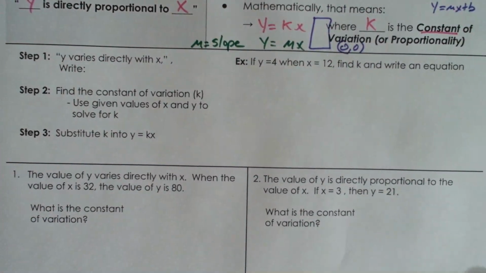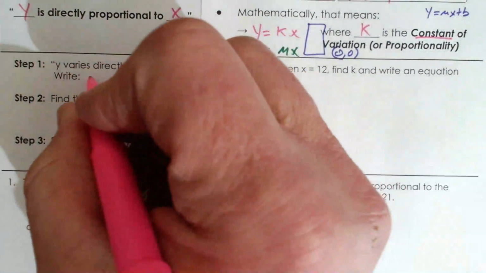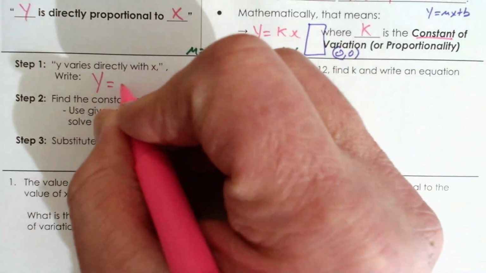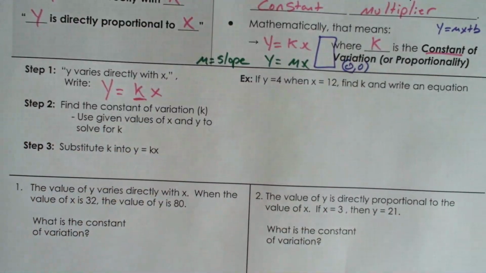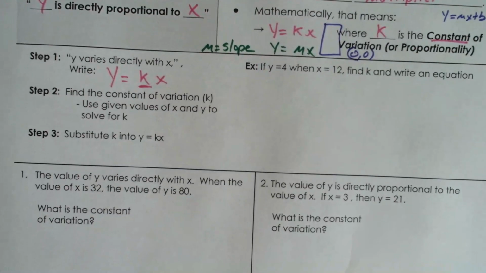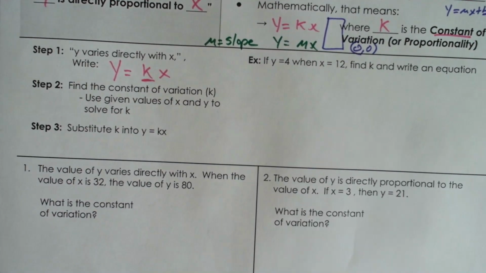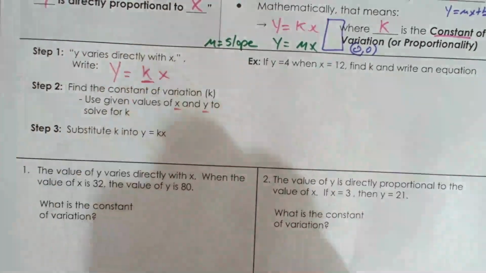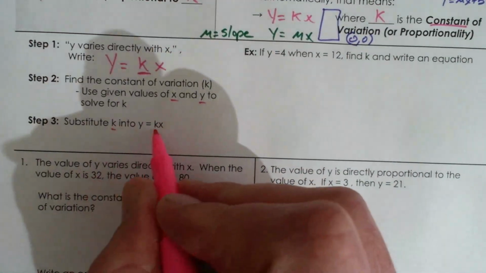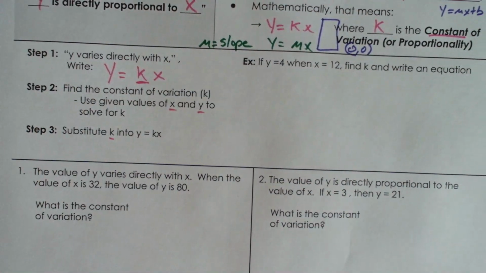So step one, y varies directly with x. So that means y equals kx, some number times x. The constant of variation, they'll give you some values x and y to solve for k, and then you substitute k in for this. So it'll say something along the lines of this.